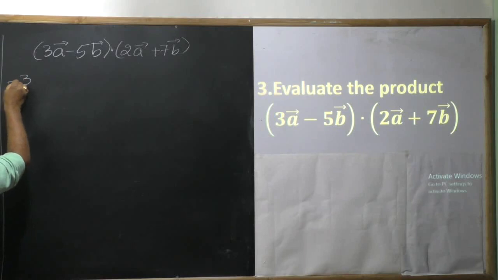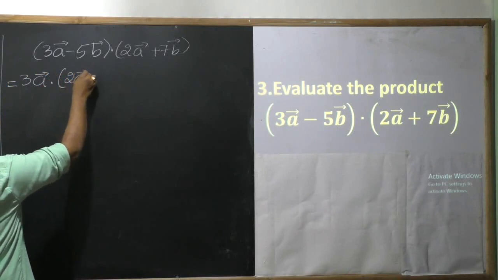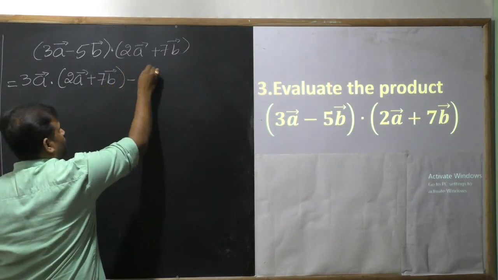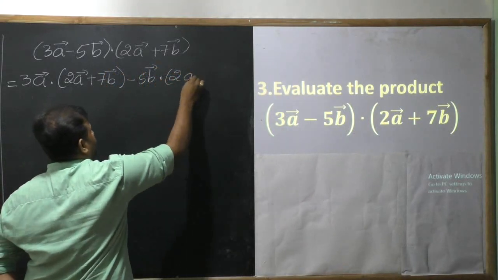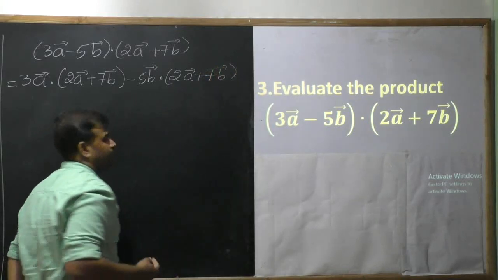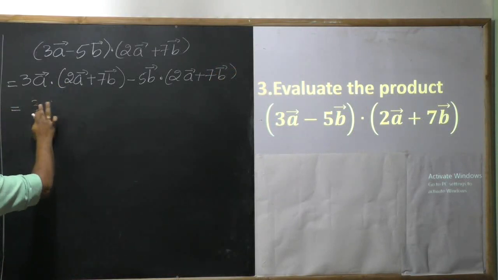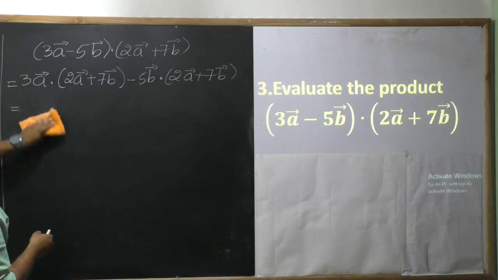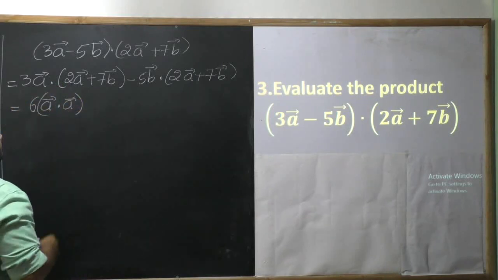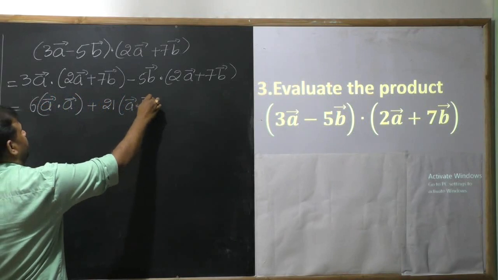So clearly it is 3 into vector a dot 2 into vector a plus 7 into vector b, minus 5 into vector b dot 2 into vector a plus 7 into vector b. Next, we go on multiplying, which is equal to 3 into 2, directly 6 into vector a dot vector a, plus 3 into 7, it is 21 vector a dot vector b.